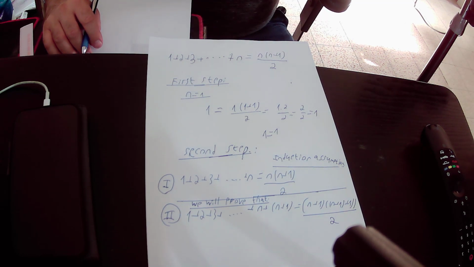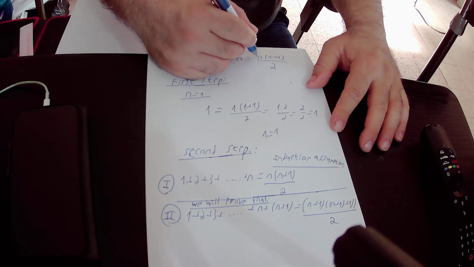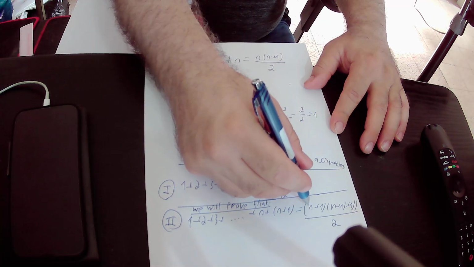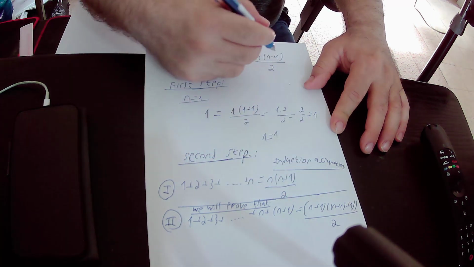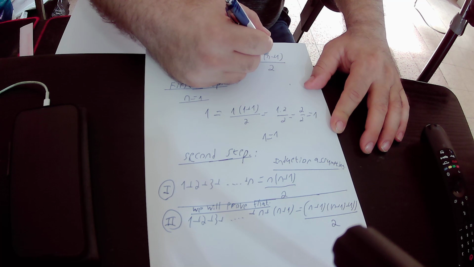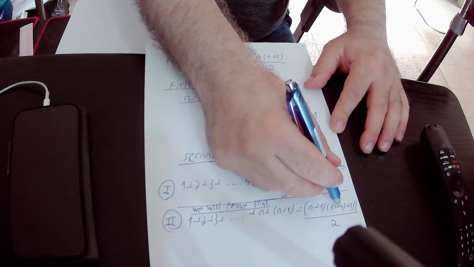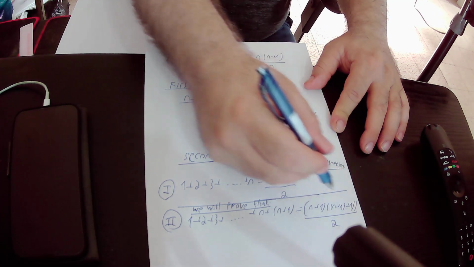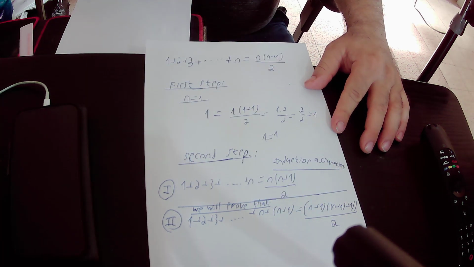So wherever it is n, we will put n plus 1 instead of n. So instead of n we put n plus 1 here, and instead of n we put n plus 1, so it is n plus 1 times n plus 1 plus 1, all divided by 2.